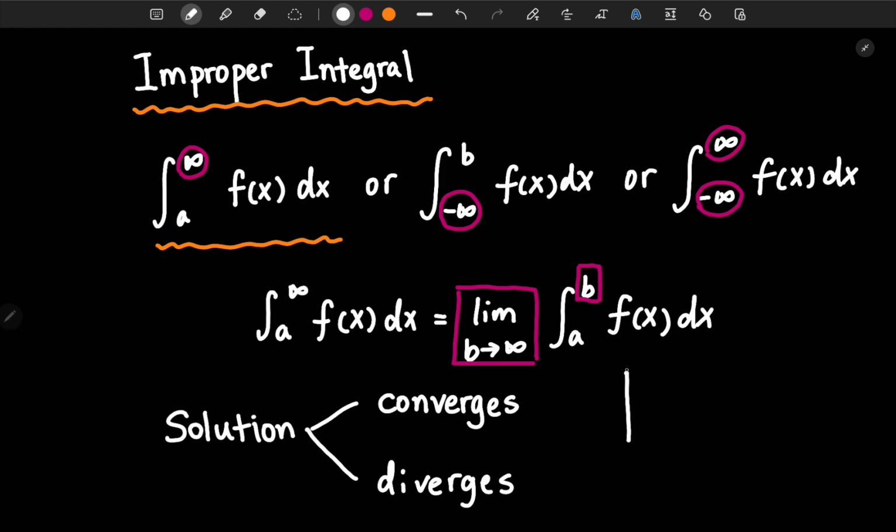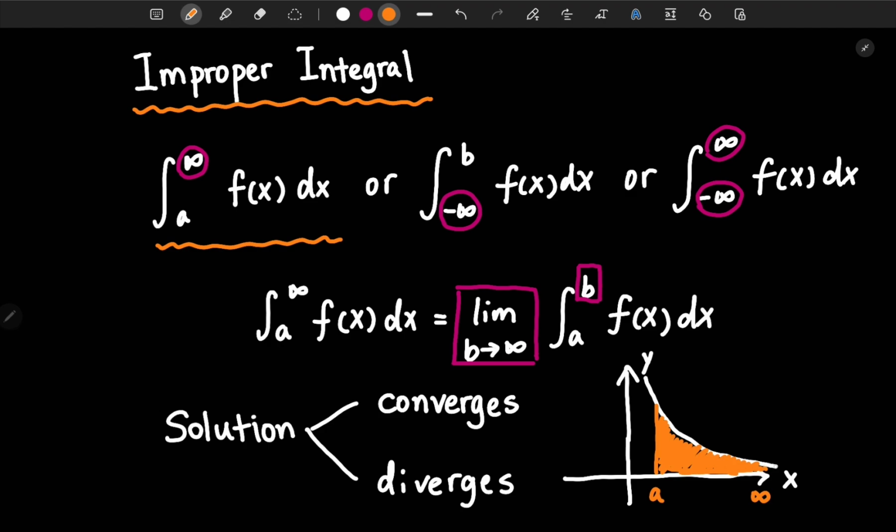we know the integral is kind of like a limit under a curve. So if we have a curve like this, and you're taking the integral, which is the area below the curve, from a to infinity, converges means the area below this curve is a definite value.